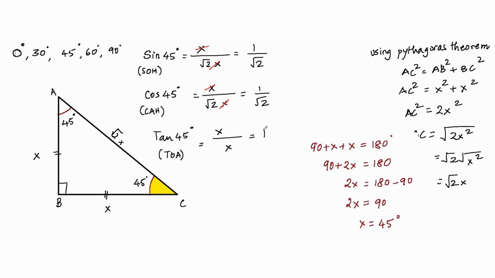Therefore, you notice that we can now find the values of sin 45, cos 45 and tan 45. Sin 45 is 1 by root 2, cos 45 is also 1 by root 2, and tan 45 is equal to 1. So let me pause for a minute, just take a look at what was done in this particular case and how we found the trigonometric ratios for 45 degrees.